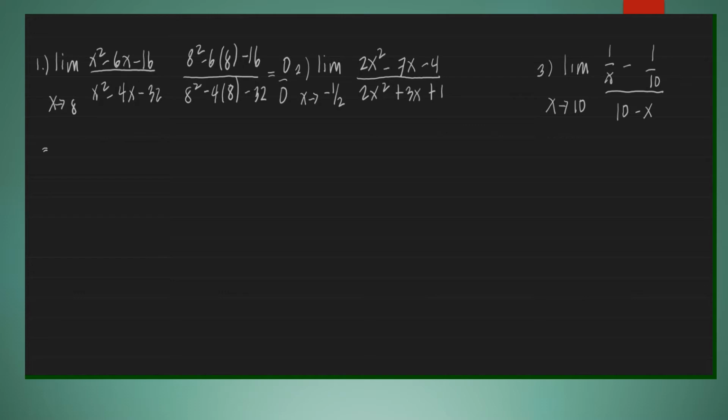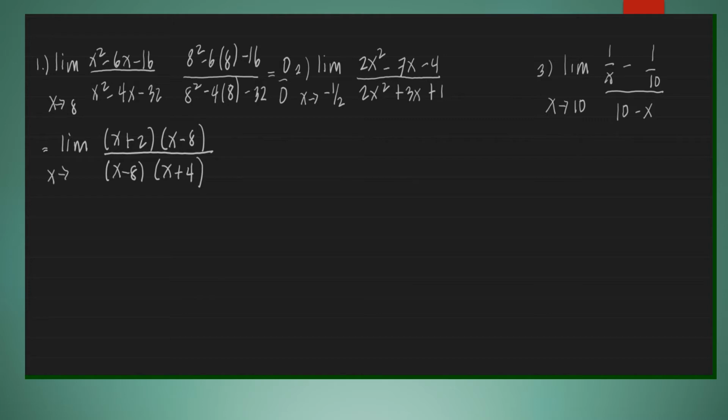So we have limit of x squared minus 6x minus 16, which may be factored as x plus 2 and x minus 8, over x squared minus 4x minus 32, which, on the other hand, will be factored as x minus 8 times x plus 4.